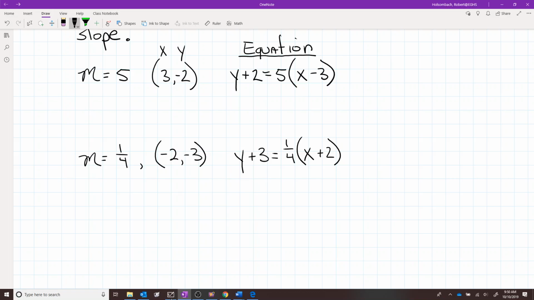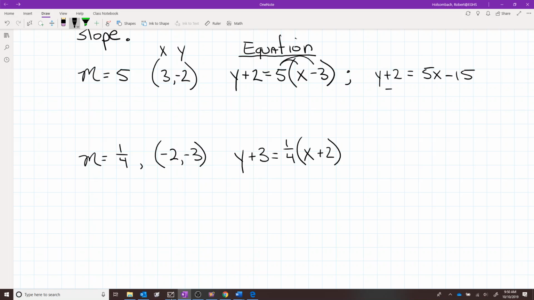If you take, let's go back to this first equation. Let's distribute this 5. Alright? So we're going to have y plus 2 equals 5 times x is 5x. And 5 times -3 is -15.